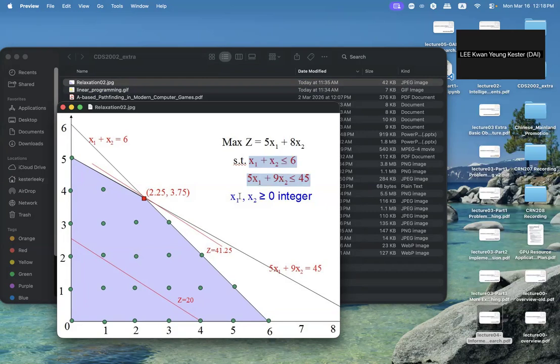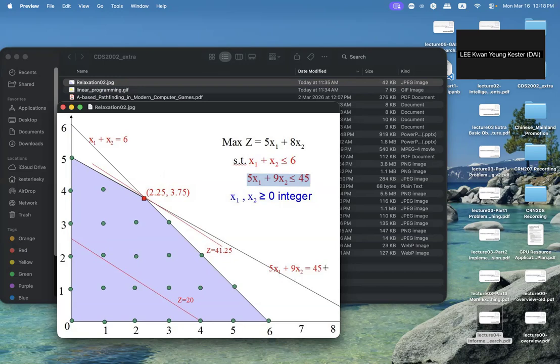Combined with the fact that x1 and x2 must be larger than 0, we can construct a graph like this. In this graph, we draw x1 plus x2 equal to 6, derived from x1 plus x2 less than or equal to 6. Then we convert 5 times x1 plus 9 times x2 less than or equal to 45 into a line, the line of 5 times x1 plus 9 times x2 equal to 45.